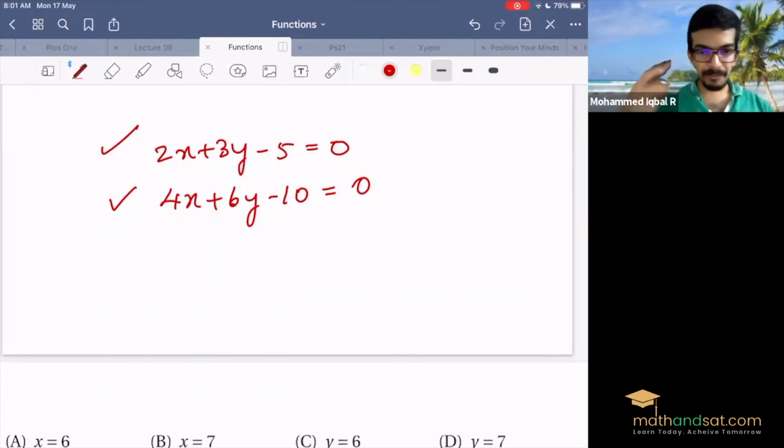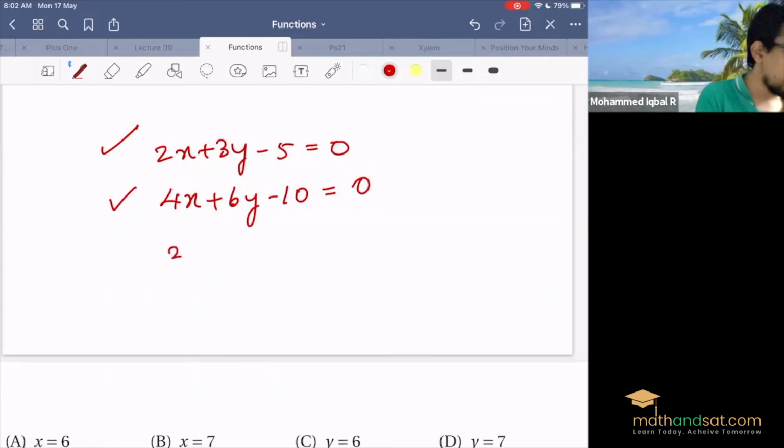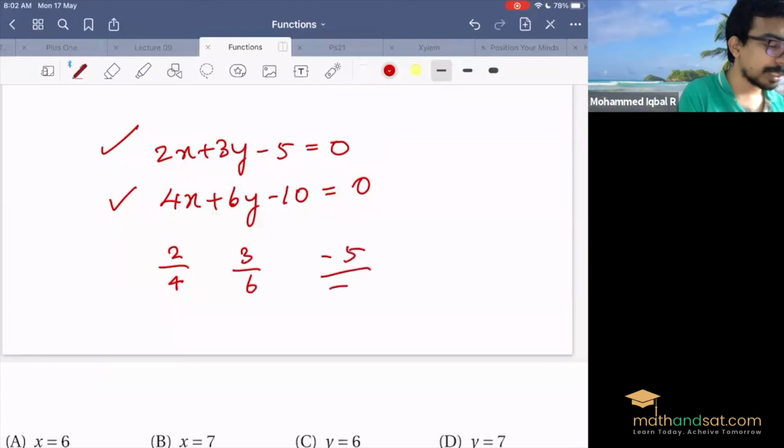So when you have two lines, how do you check whether they are coincident? The coefficients will be proportional. Proportional means they will be in the same ratio. The x coefficients are in the ratio of 2 is to 4, y coefficients 3 is to 6, the constants minus 5, minus 10.